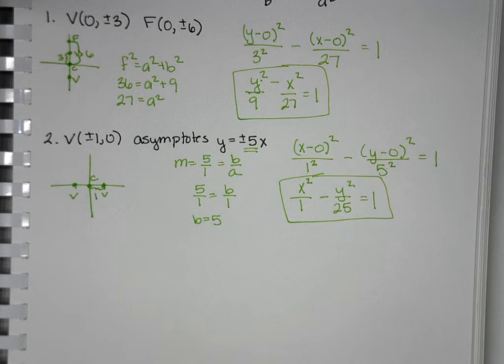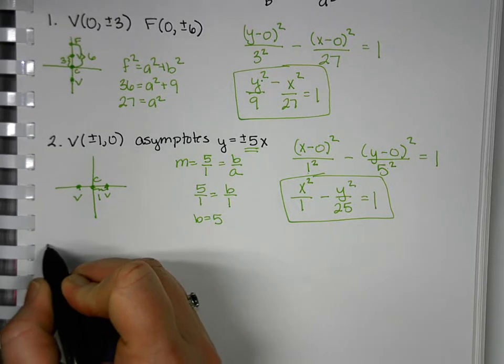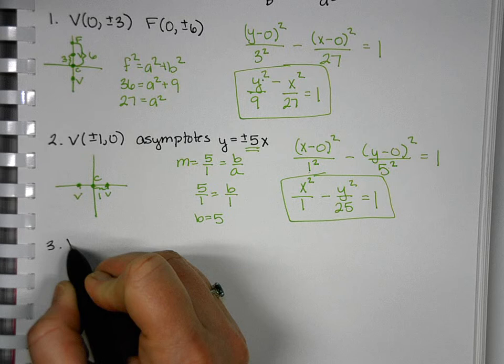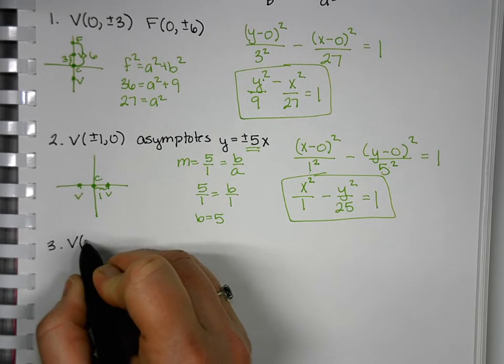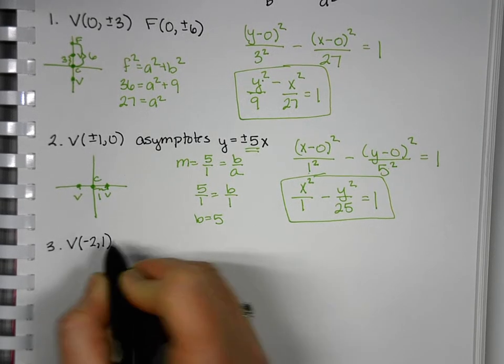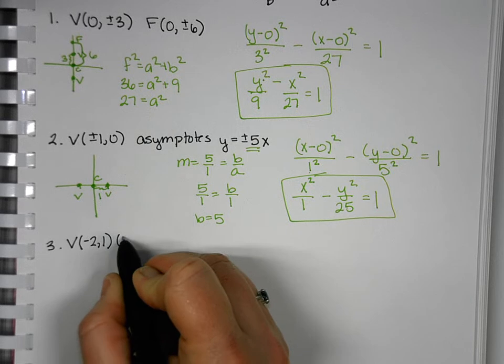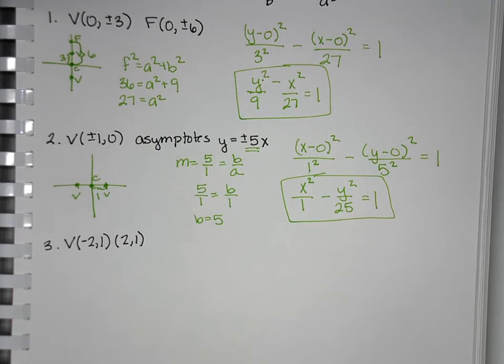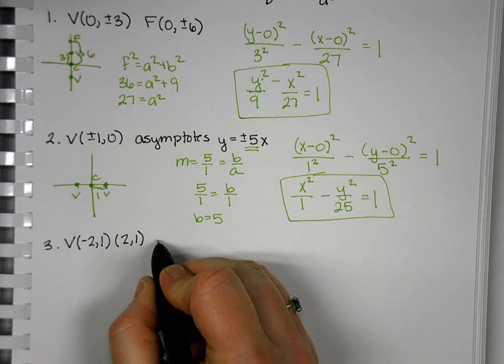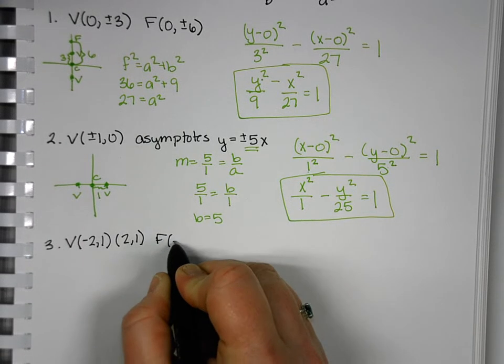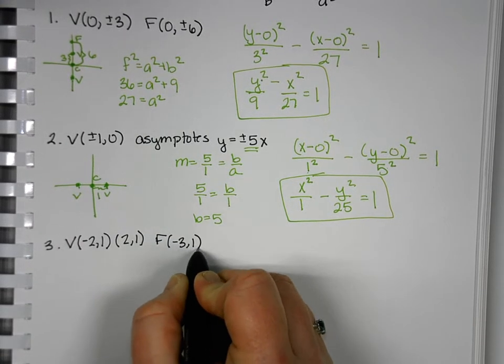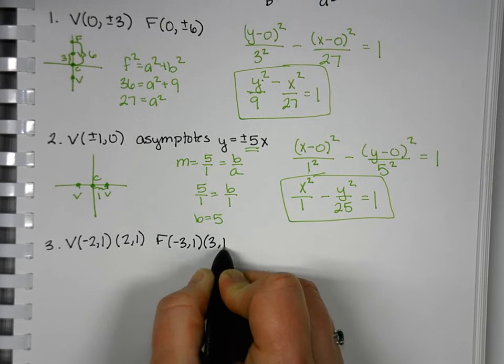All right, I wanted to do one more example here, and we're going to do vertices and foci again. So if one vertex is at negative 2, 1, and the other one is at 2, 1, and the foci are at negative 3, 1, and 3, 1.